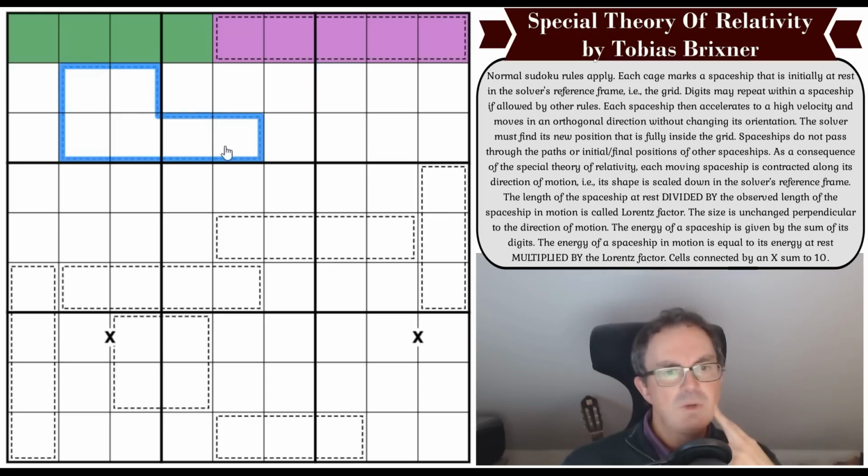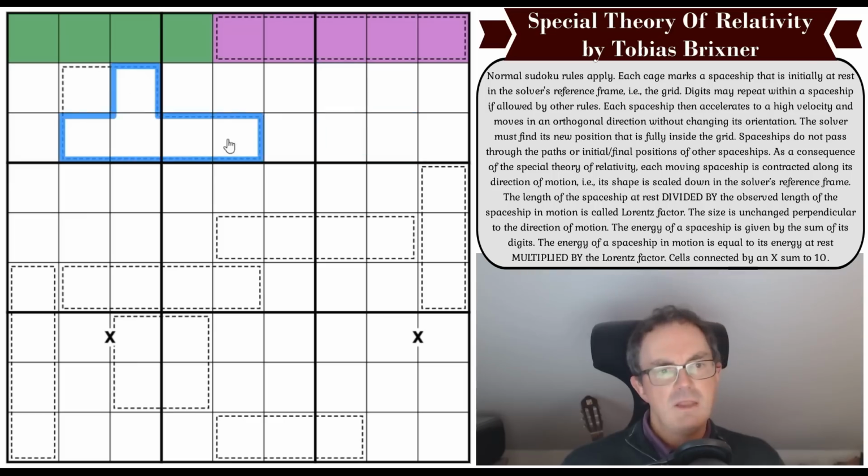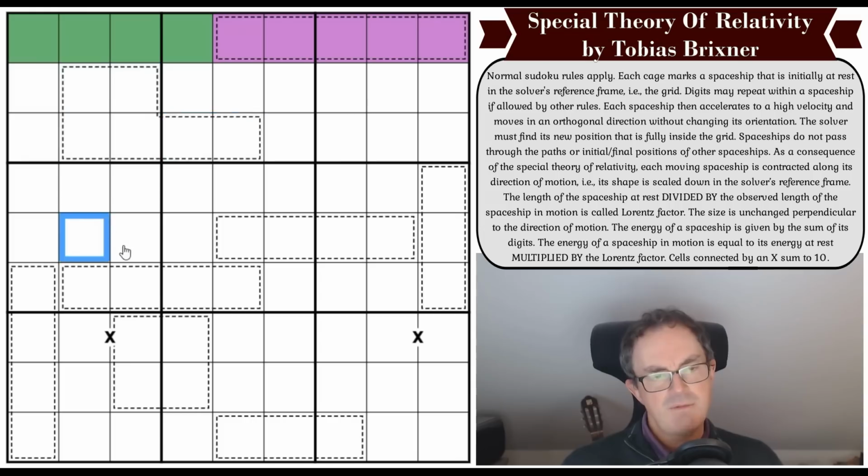So whatever the constituents of this spaceship, I multiply them by 2, and I put them in another spaceship, but in a much smaller area. The minimum size of those digits, we can repeat digits in cages, can't we, in this puzzle? So if I had 10, 13 times 2 is 26.